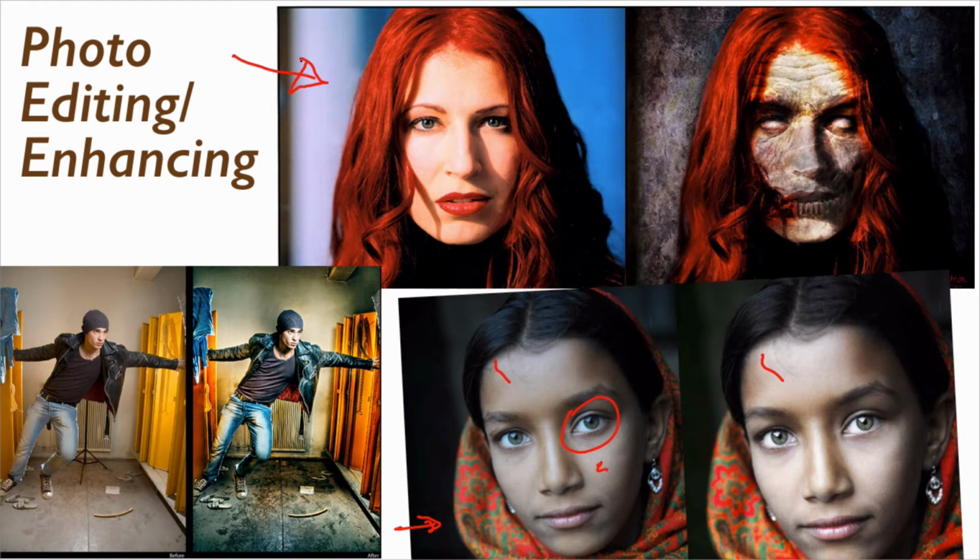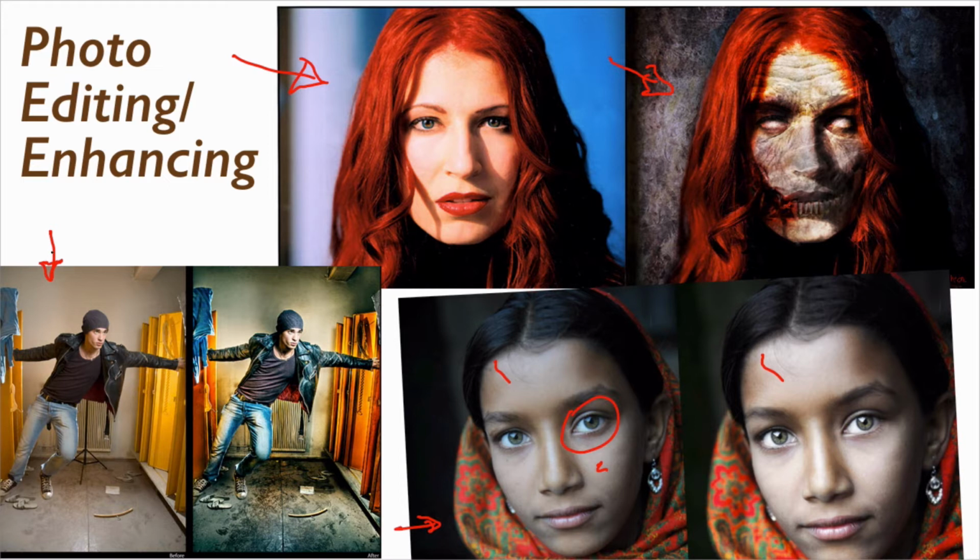For our redhead, here's a photo of a reasonably attractive person, but through the magic of Photoshop, layer after layer of effects were put on there to create a zombie from her. Down here is an original image used to create probably either an advertising or a magazine article image.